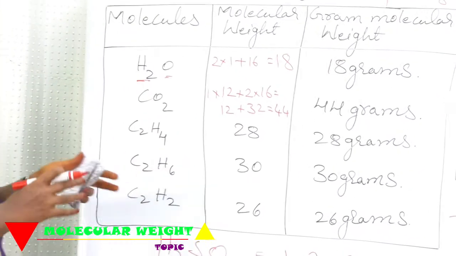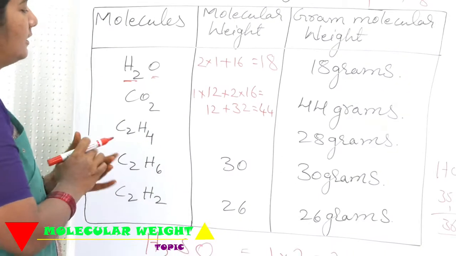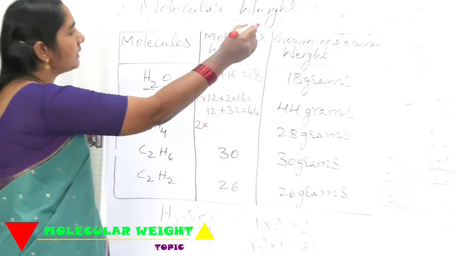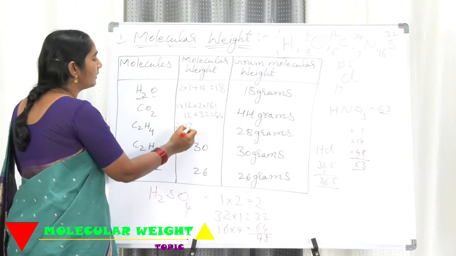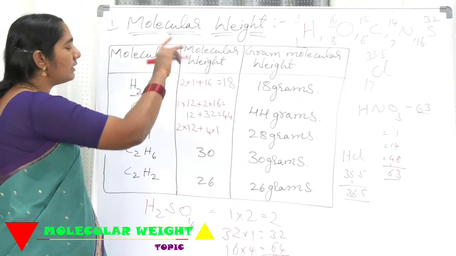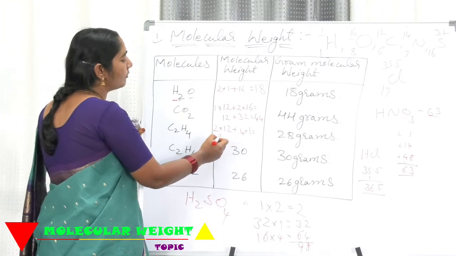Now I request all of you to do along with me and move faster than me. In this case, 2 atoms of carbon, each with atomic weight 12, plus 4 atoms of hydrogen, where hydrogen has atomic weight 1. So 12 into 2 is 24, right?